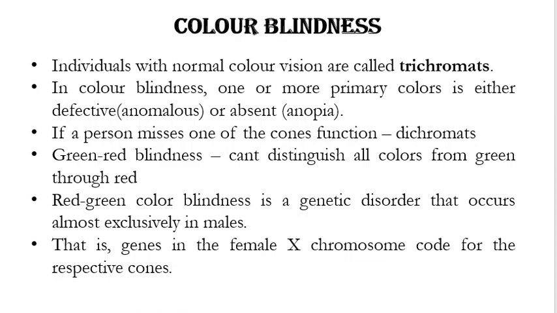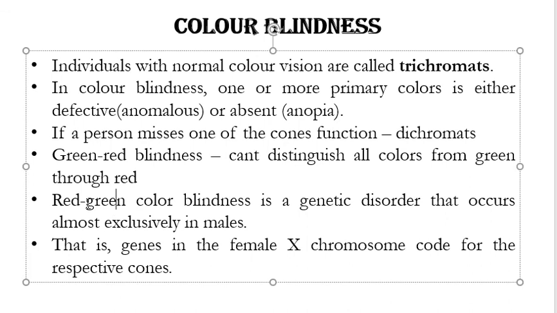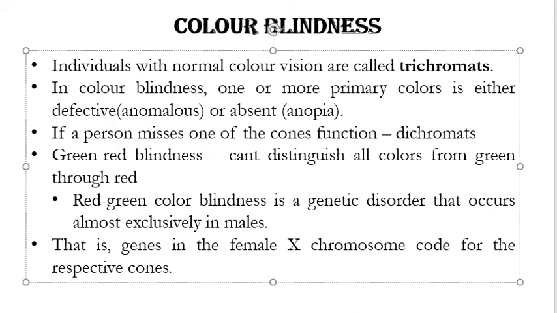Then we also have people who are red-green colorblind. It's also a genetic disorder that occurs almost exclusively in males. Actually, this one is not another one. It's the same one. We're just trying to say that this occurs due to genetics and it's in males.